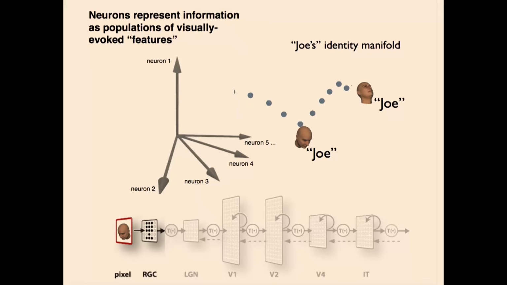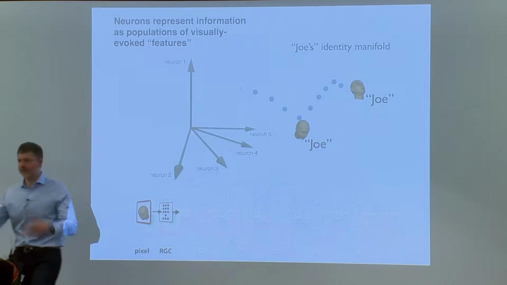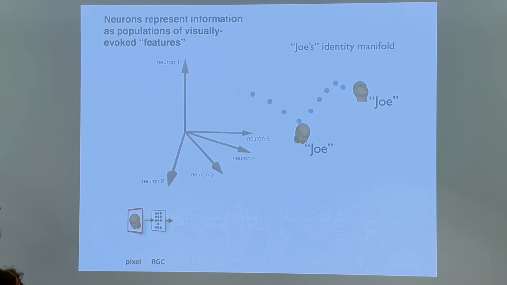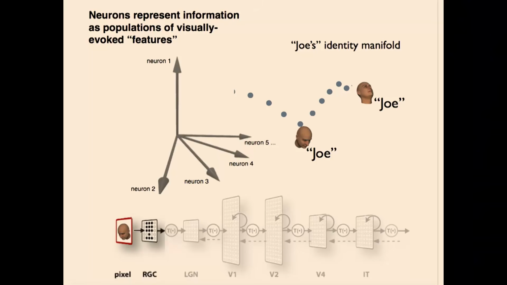So we can think of the representation of one image as a point in a very high-dimensional space where the axes of that space are the responses of different neurons. Okay? There might be thousands of these neurons, so it could be a 1,000-dimensional space. Okay? So you see an image, and there's a response generated in your brain. Now, in actuality, it's more complicated than that because maybe the response evolves over time. But for the moment, let's just assume that you get one number, which is maybe the average response.